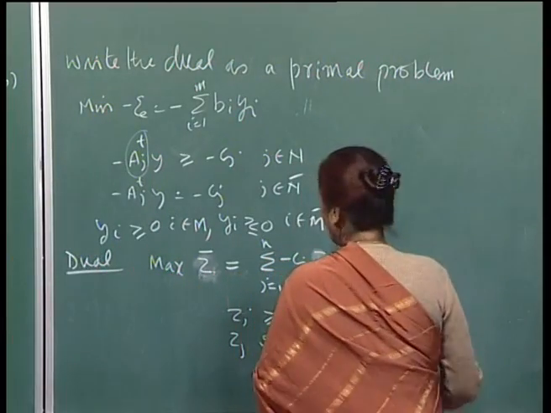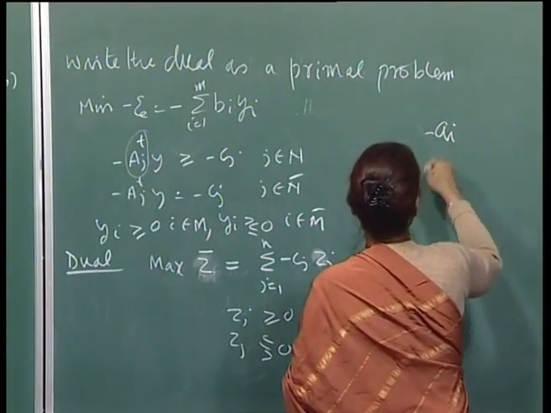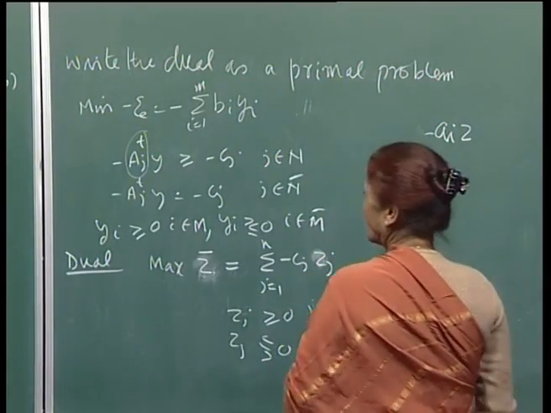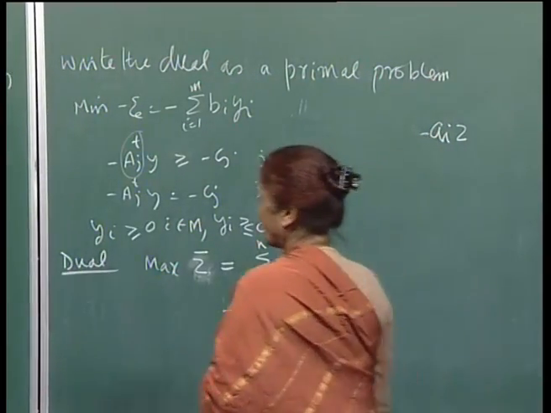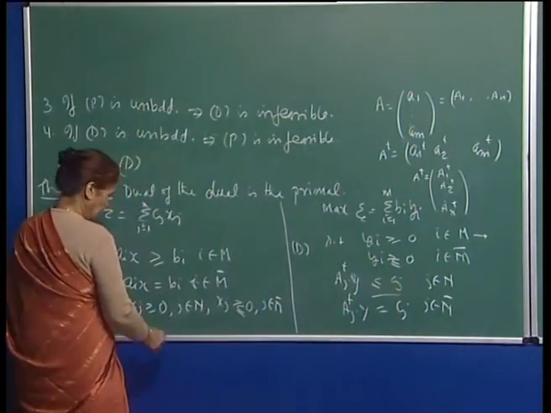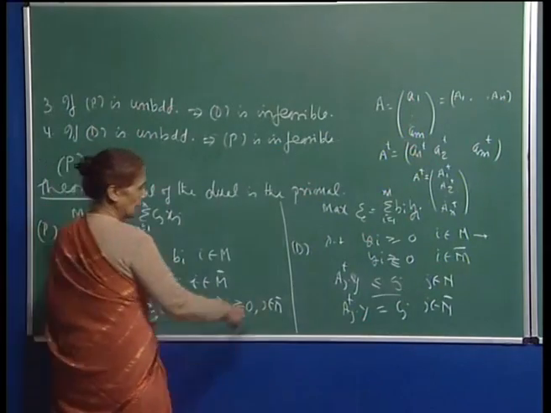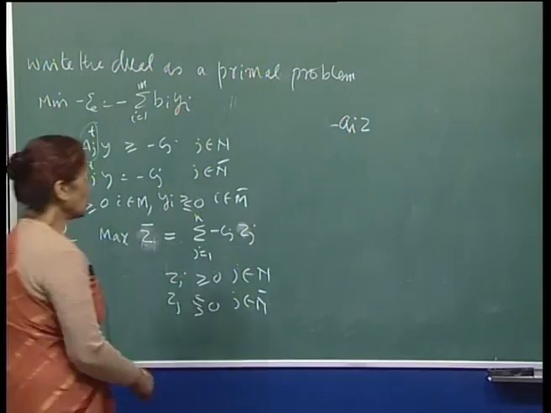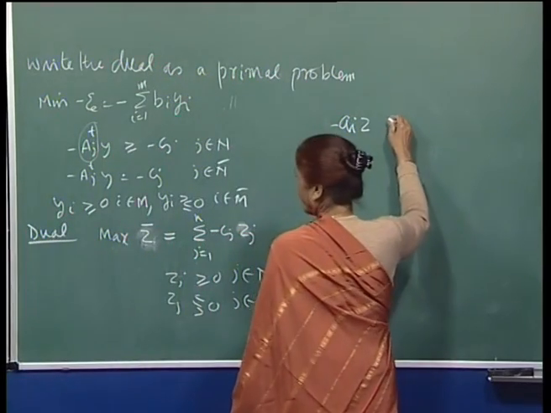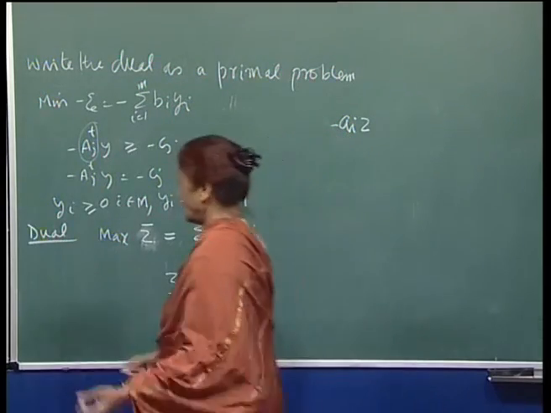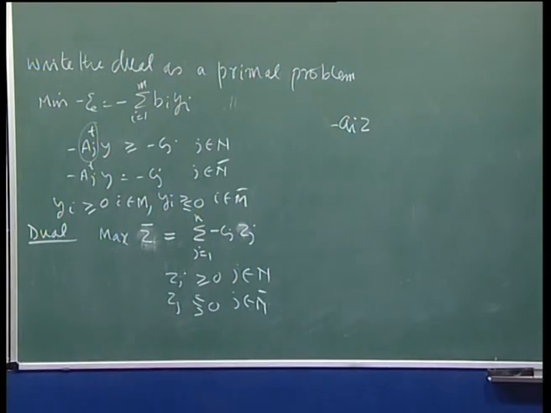So, this will be minus Ai Z, and then we will have, what is it? See, I am writing the dual. So, my dual is right now in this form. Okay. So, for non-negativity here I have this less than or equal to 0. See here, this is less than or equal to Cj.